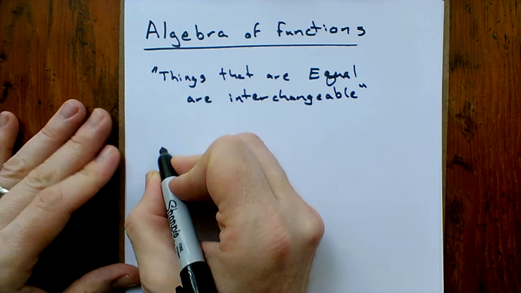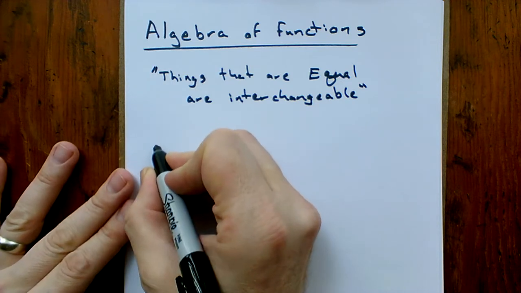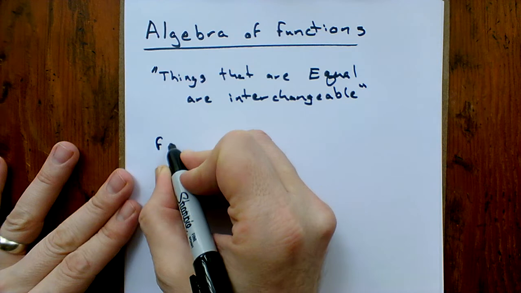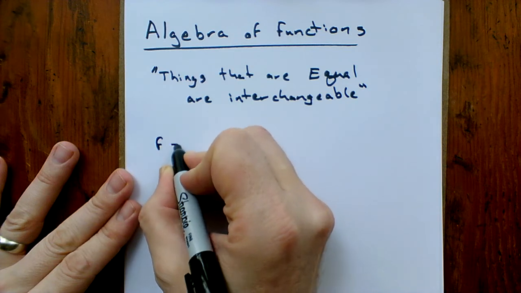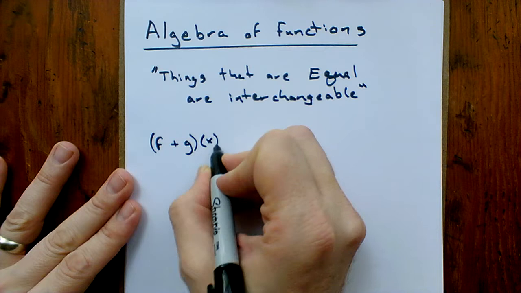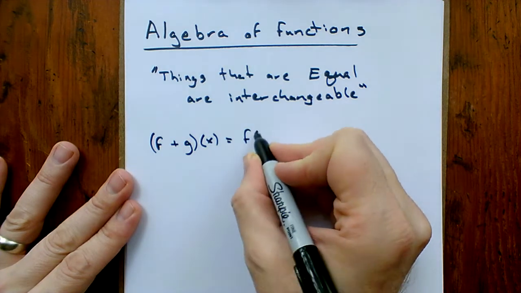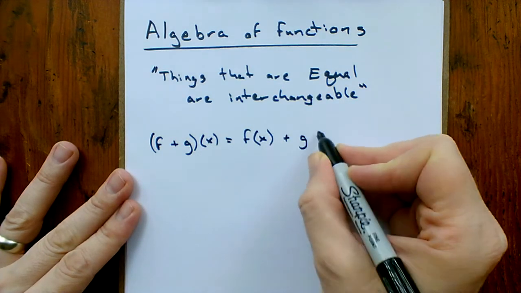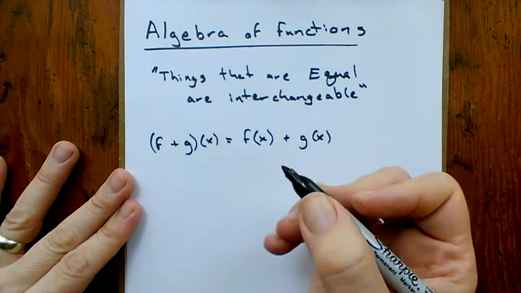When we say, what happens when I add two functions? What happens if I take two functions, f and g, and I add them? If I do just f plus g of x, this is just whatever function I have for f of x plus that function for g of x.